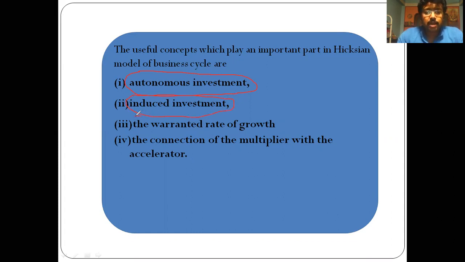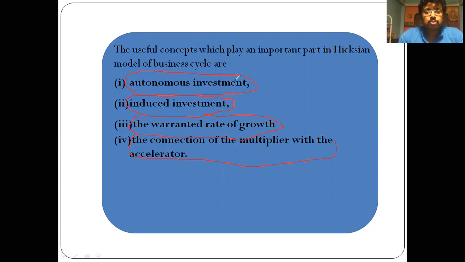And the warranted rate of growth. And there is the connection of the multiplier and the accelerator. So these four are the important concepts which play an important role in the Hicksian model of business cycle.